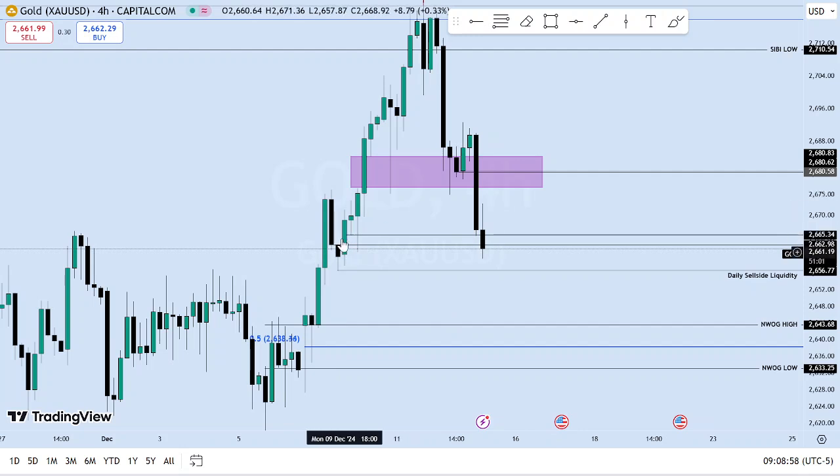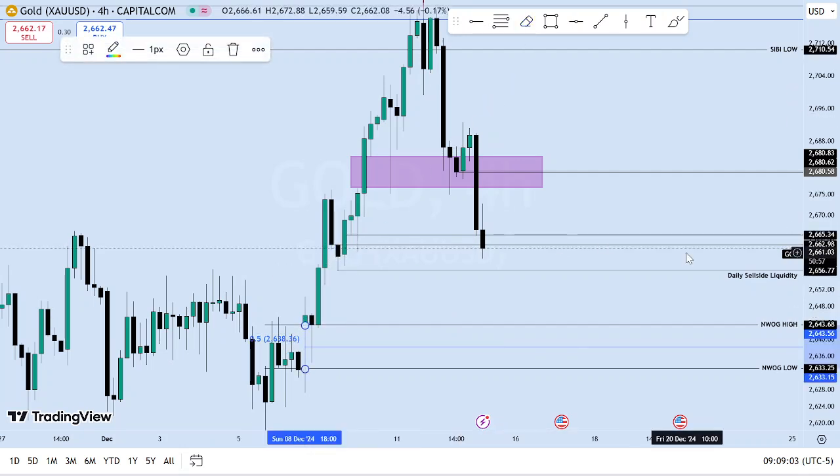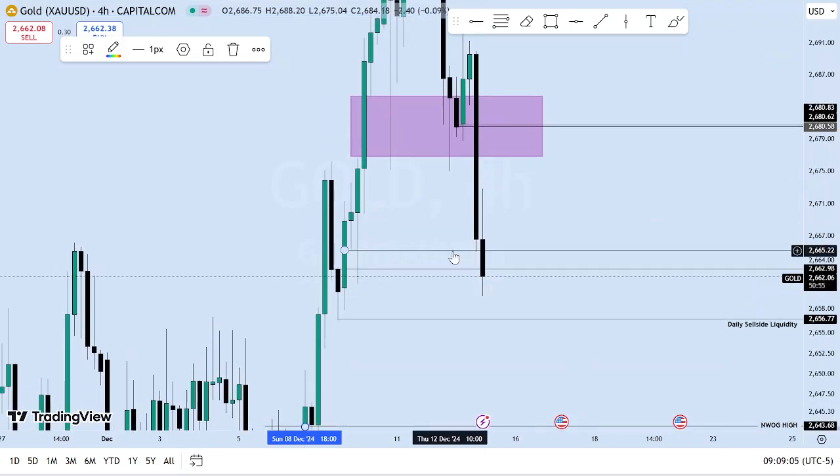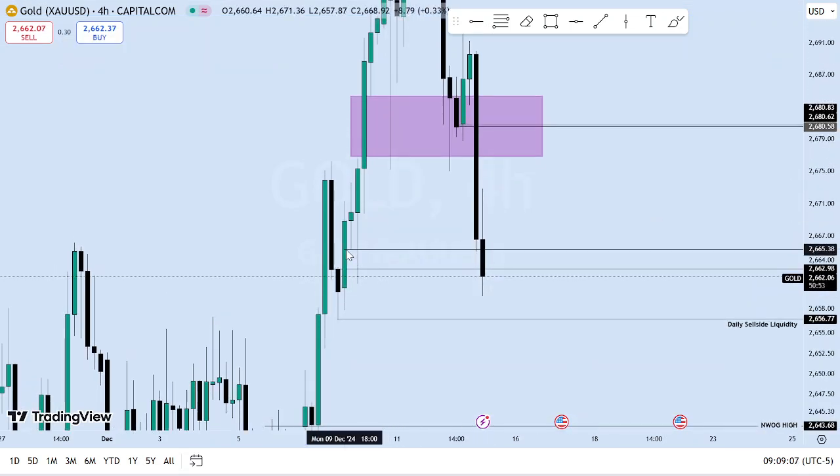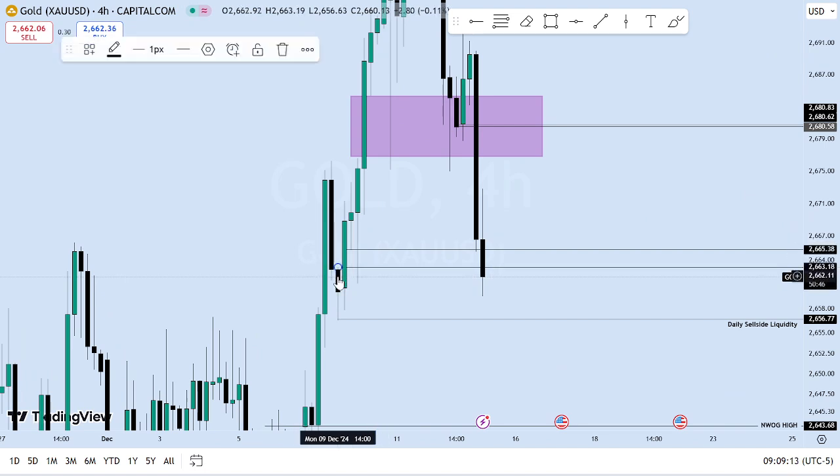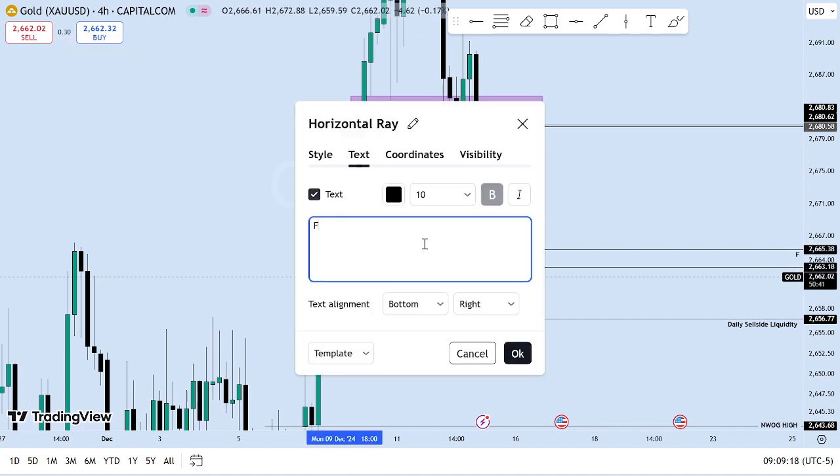Here we have an inefficiency. This is a fair value gap between this candle's low and this bearish candle's high.